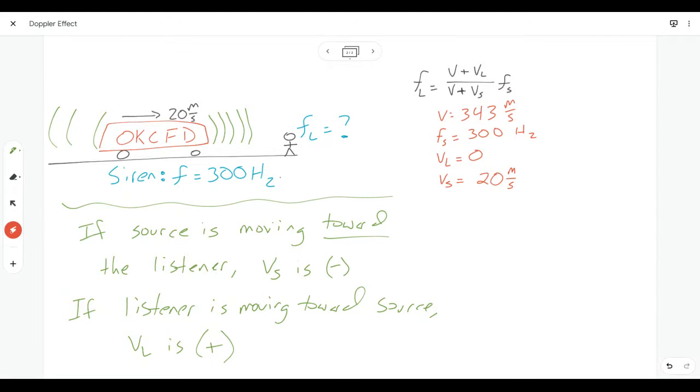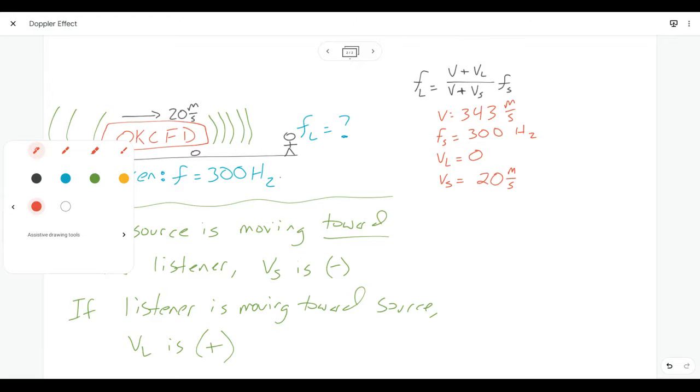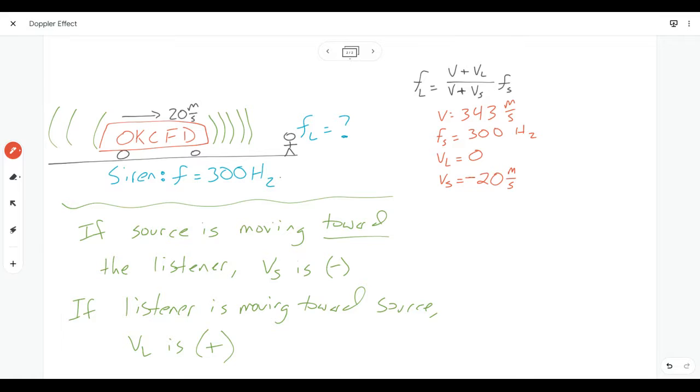So in this case, back to our example, the truck is moving toward the listener. So if the source is moving toward the listener, then our source velocity is negative. Because the source is moving towards us, we've got to make sure that we make our source velocity negative.